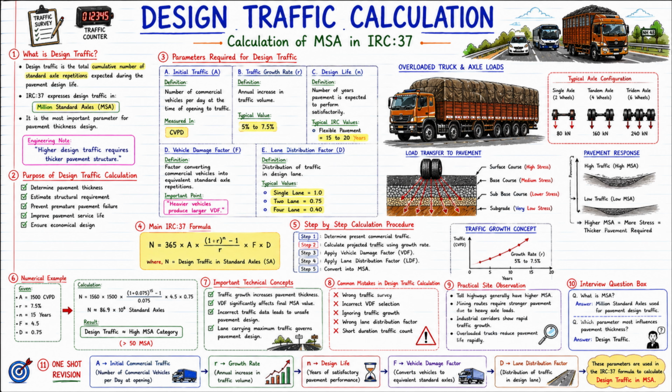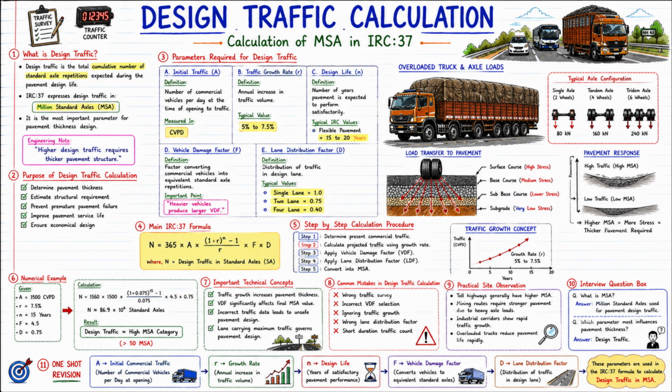Now let us look at the sixth topic of the slide. A numerical example. Now here is the actual example. Given A 1500 CVPD, R 7.5%, N 15 years, F 4.5, D 0.75.